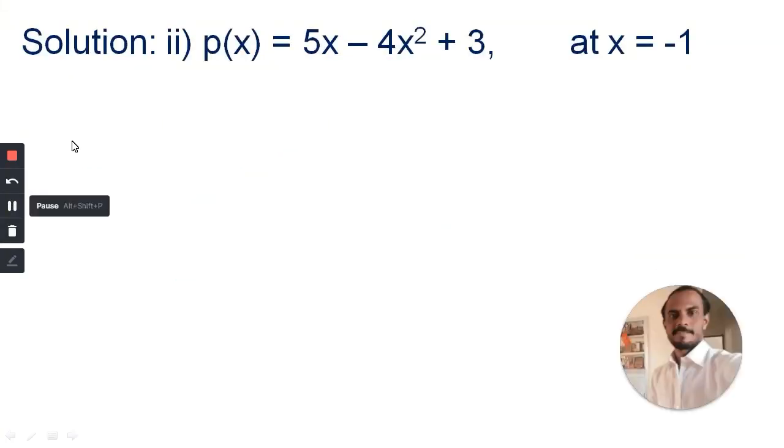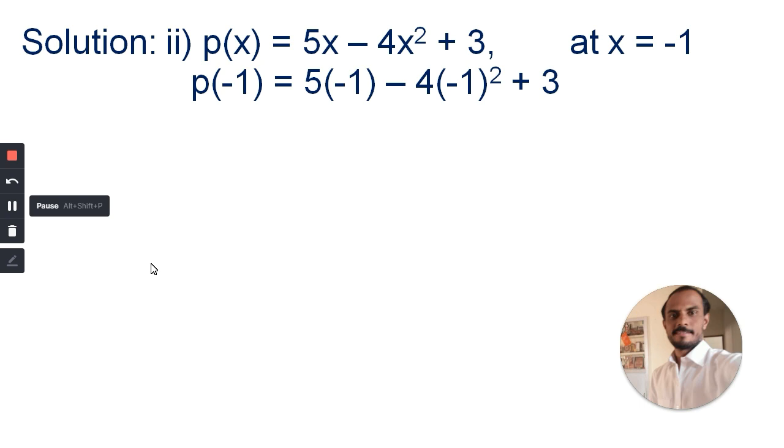P of minus 1 equals 5 into minus 1 minus 4 into minus 1 squared plus 3. Where x is there, replace it with minus 1. Here x squared is there, so minus 1 squared, plus 3 as it is.